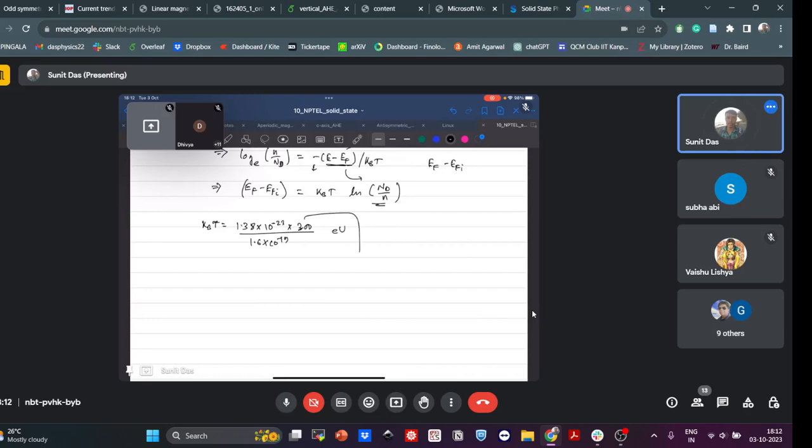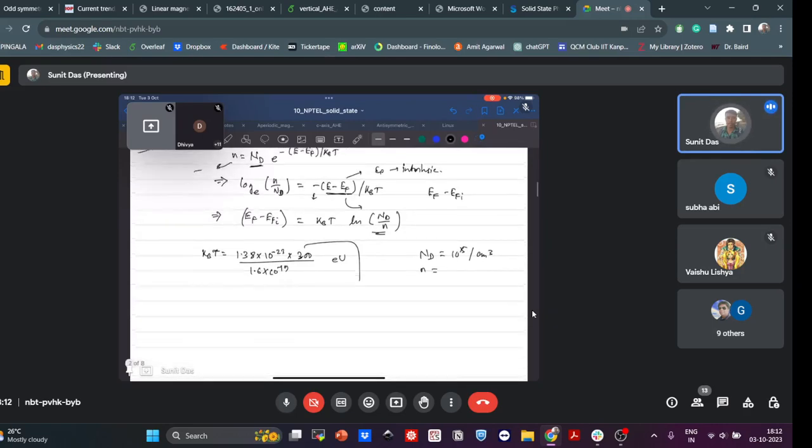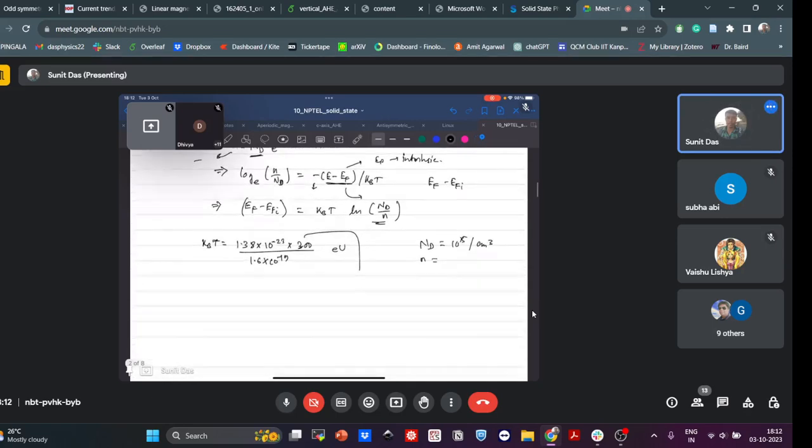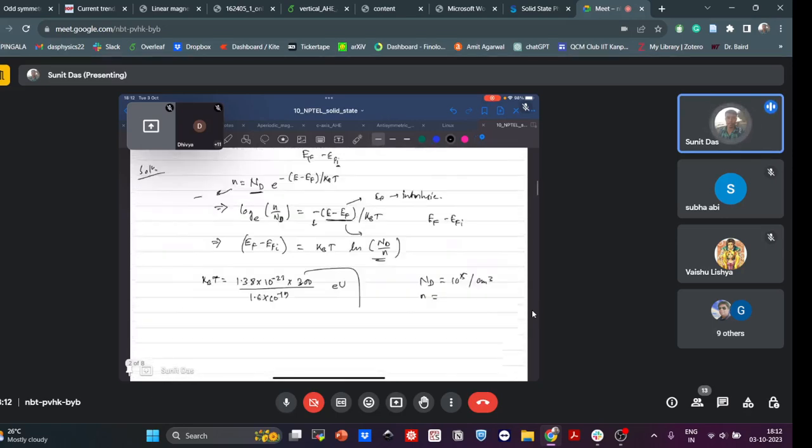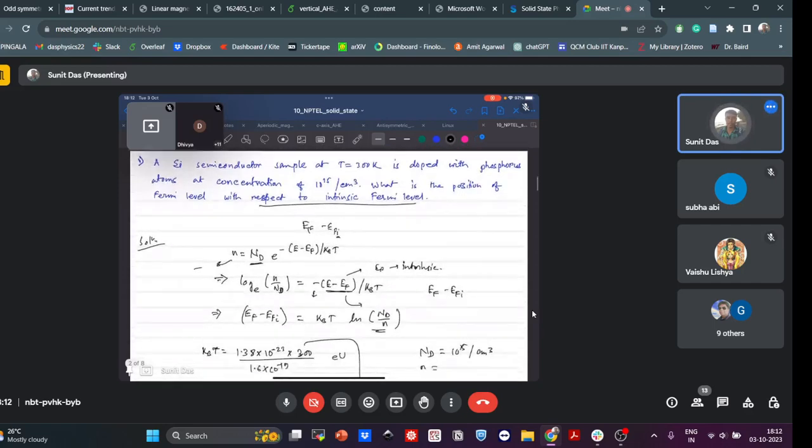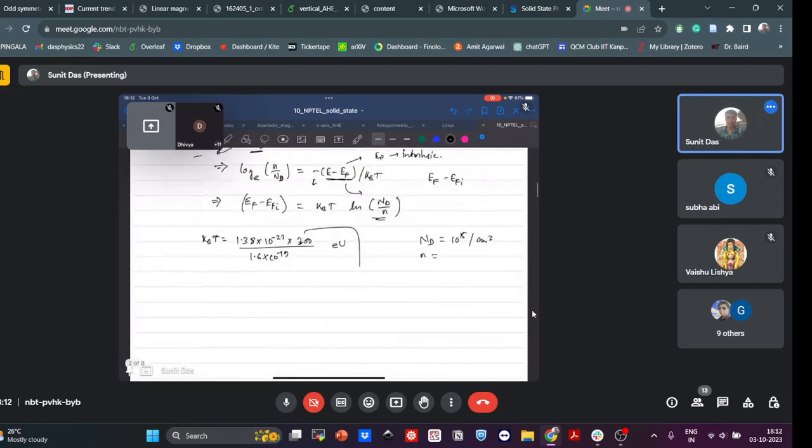And Nd is given as 10 to the power 15 per centimeter cube, and n, the intrinsic carrier concentration, is not mentioned in the question, but it is actually 1.5 into 10 to the power 10 per centimeter cube for silicon.